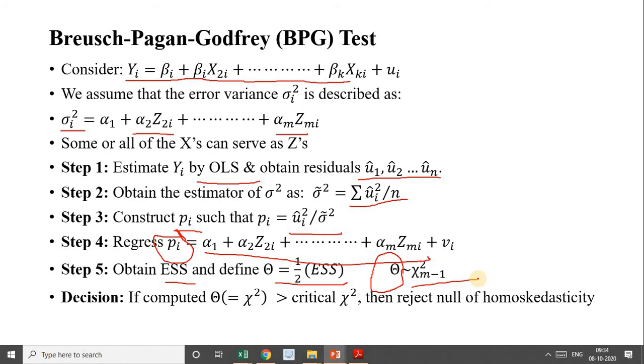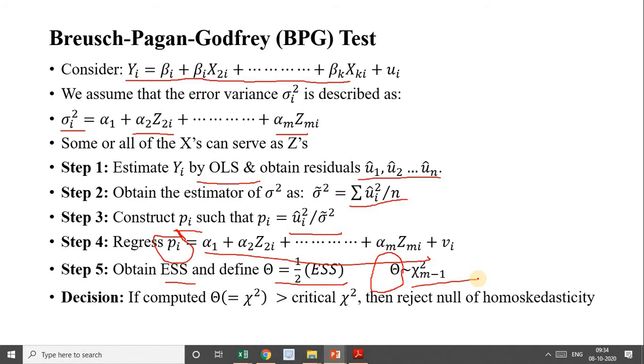So find the error terms, then find the standard error of the regression model. Then divide u cap square by it, and this is known as pi. Then take this pi as the dependent variable and regress on all the remaining independent variables, take the explained sum of squares, then take 1 by 2 of the ESS, and this will be our test value.